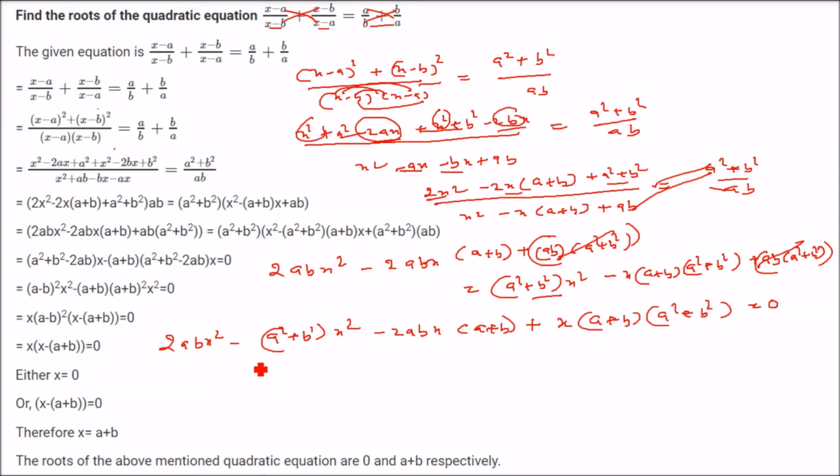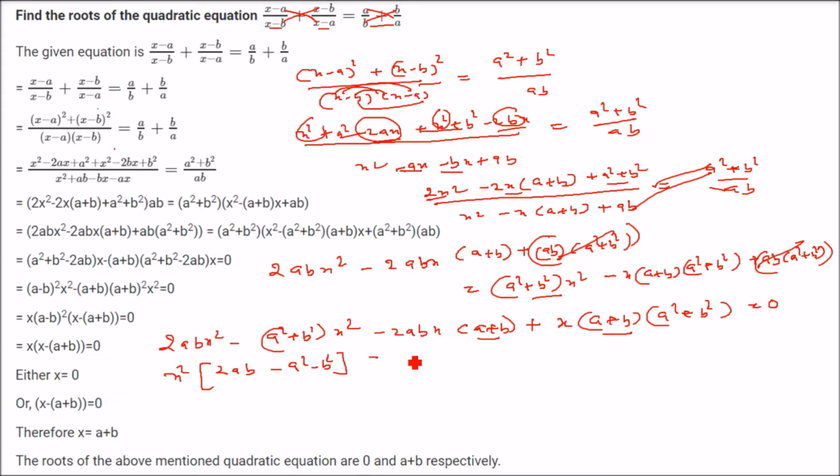What we can do here is we can take certain things common. We can take x square common from here. So what do you get? 2ab minus a square minus b square. From here you can take minus a square plus b square minus, you can take a plus b common, right? So what do you get?